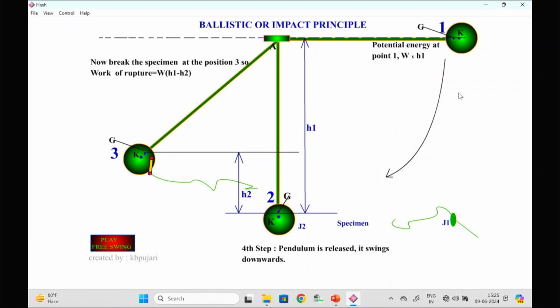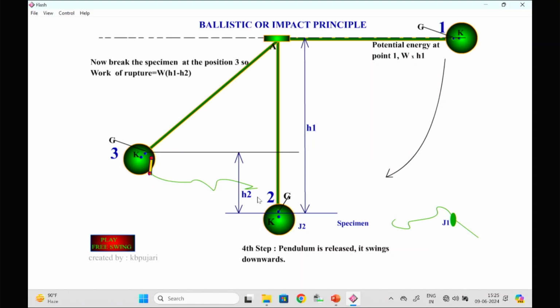Initially the pendulum started from height h1. After losing energy to rupture the material, the pendulum reaches up to height h2. The difference in height is h1 minus h2.